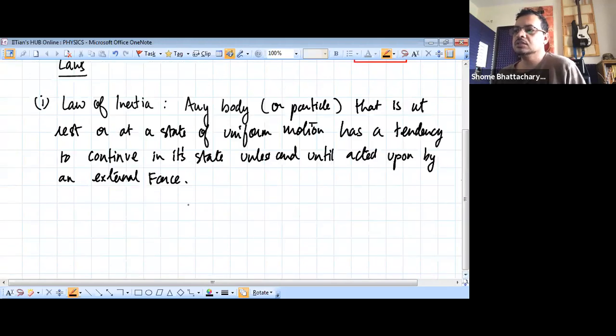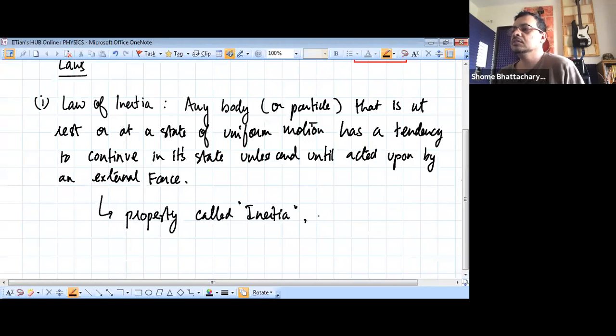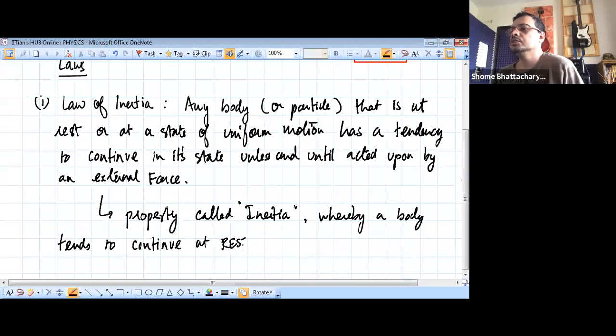It is the property called inertia, whereby the body tends to continue at rest or uniform motion.